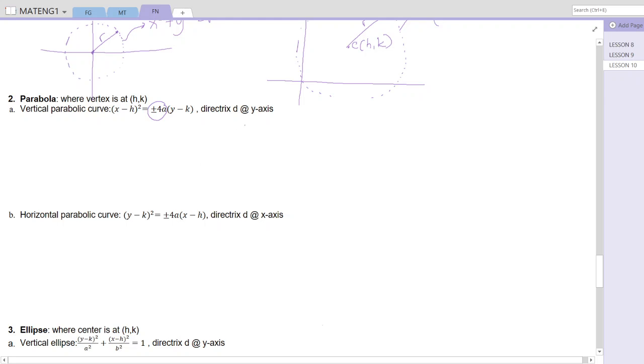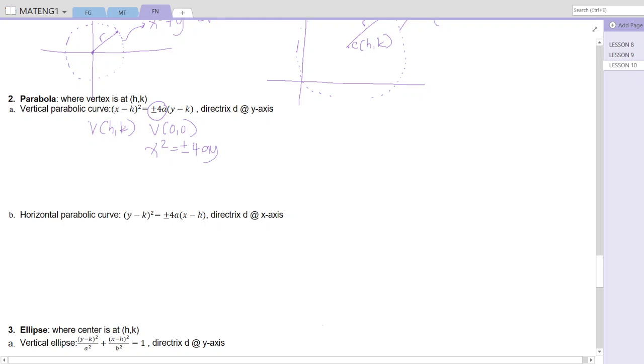The directrix for this one is along the y-axis. The vertex is at (h, k), so if that is at the origin, the vertex is at (0, 0), and it becomes x squared equals plus or minus 4ay.